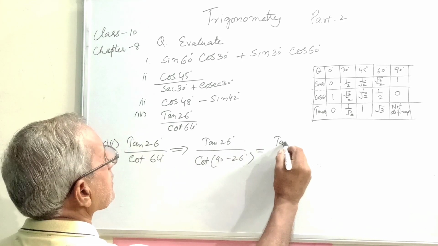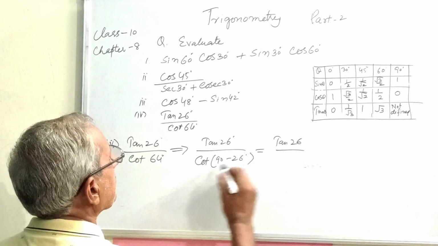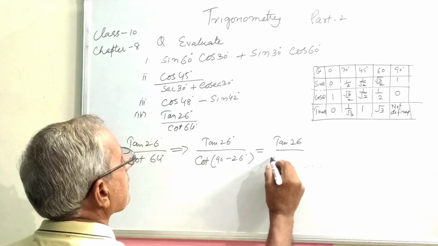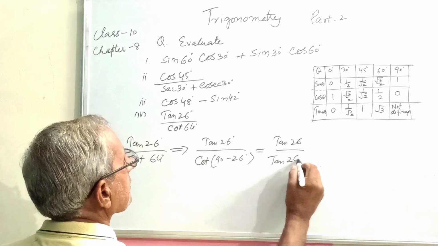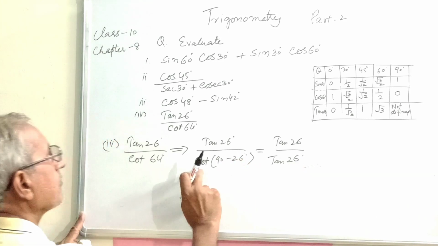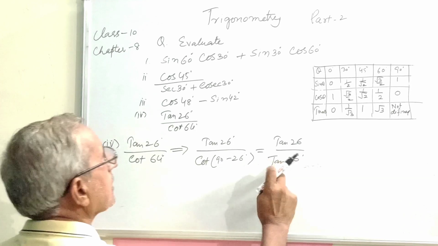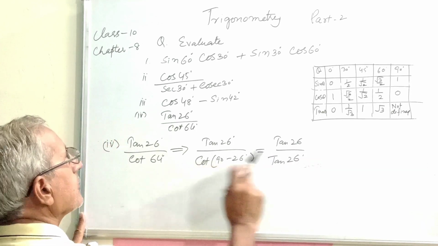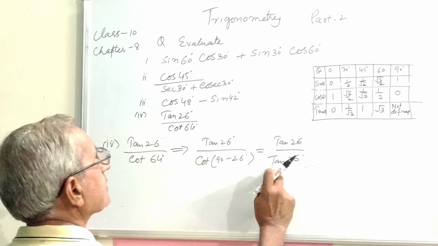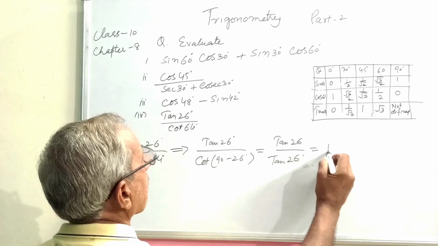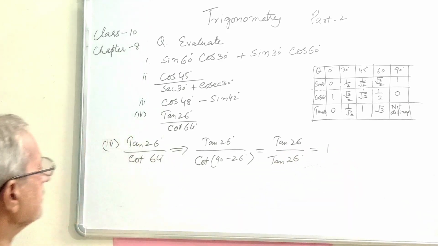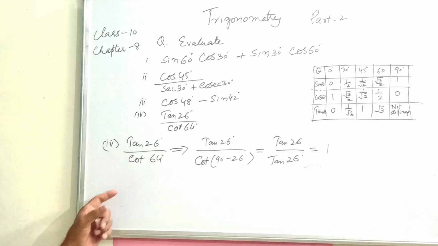Tangent 26 degree upon tangent 26 degree. The value for theta here is 26. So the complement of cotangent is tangent. So that will be 1. So this is the answer for the fourth part.